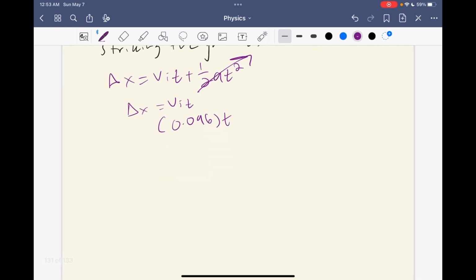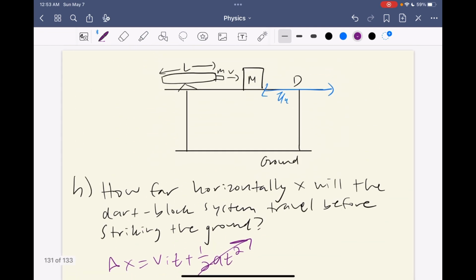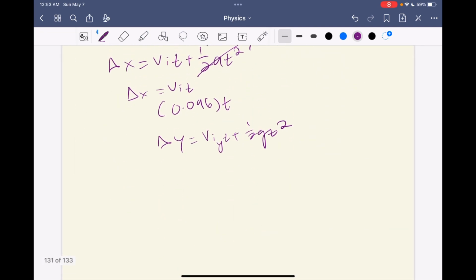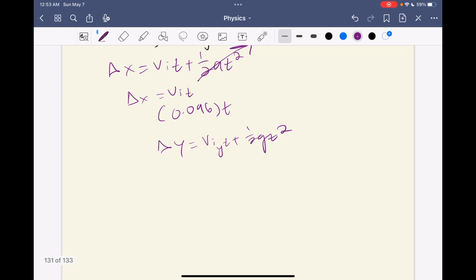So for time, we can use displacement in the y. So we know that the initial velocity for the y is 0 because it is not moving in the vertical direction. Wait, hold on. So viy would basically be vi sine theta, right?